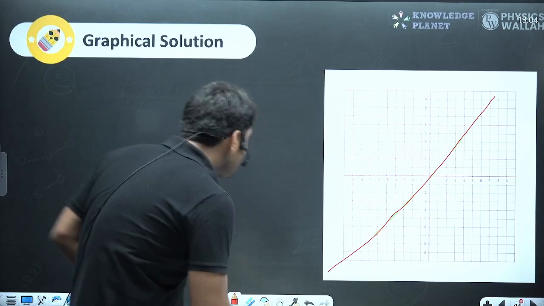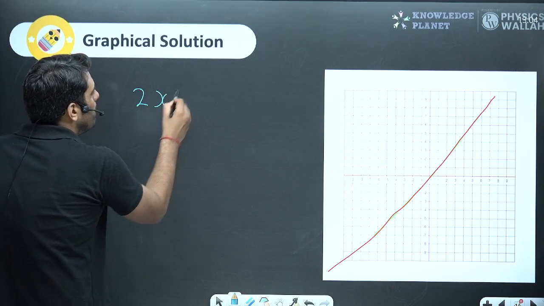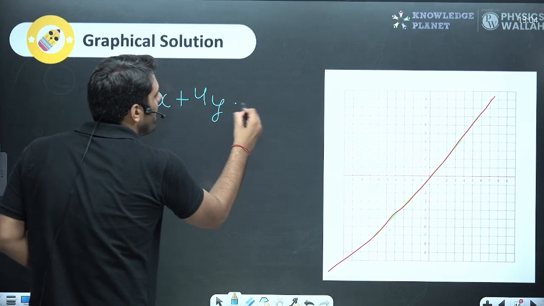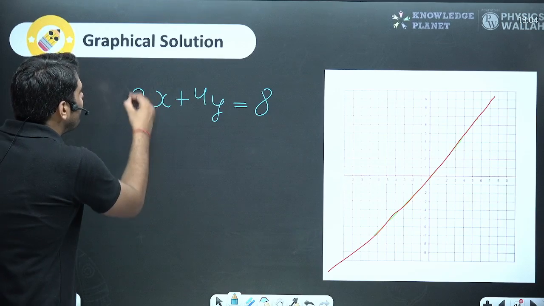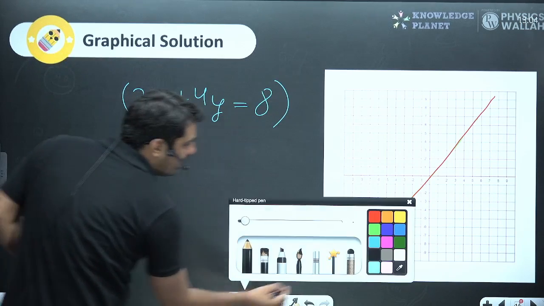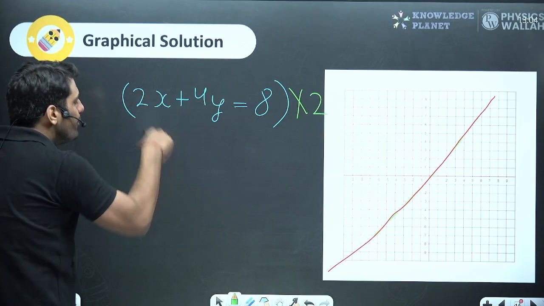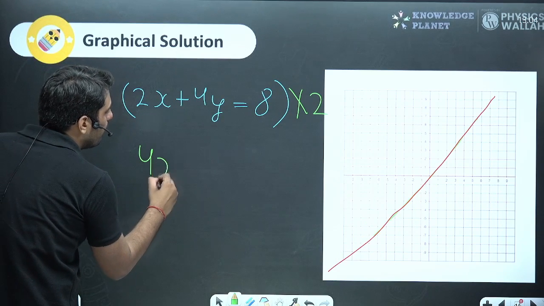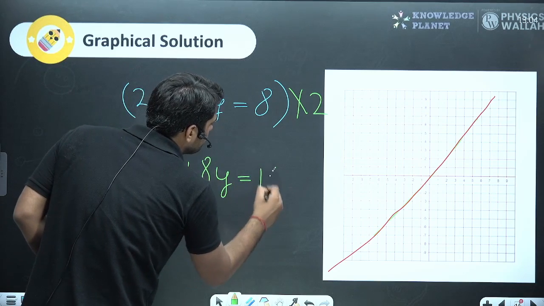So, understand in this manner. I have written over here 2x plus 4y equals 8. Now, if I multiply this entire equation by 2, the new equation coming to me will be 2 into 2, 4x, 4 into 2, 8y equals 16.